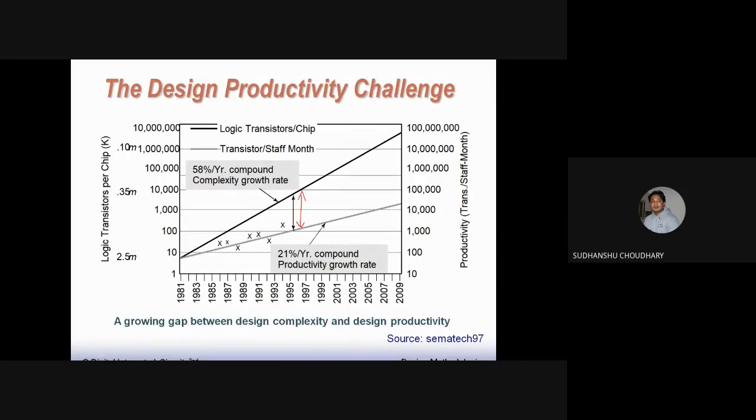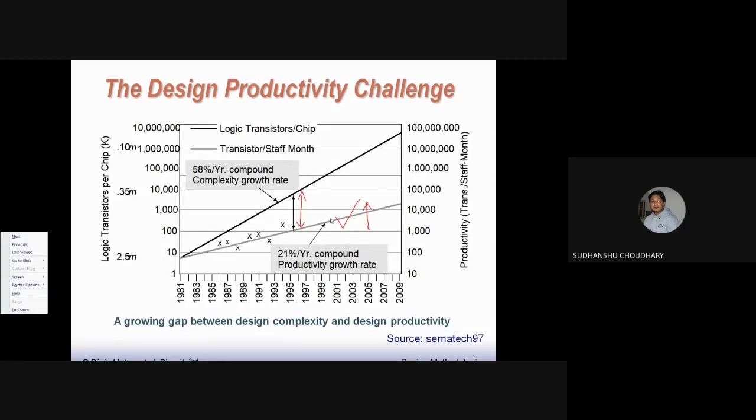Now this gap can be reduced if the skilled manpower is increased. So if this can go up, this gap can come down, right? But yes, one cannot say that some company is making a microprocessor and it has, let's say, 1,000 employees, and all those 1,000 employees should be engaged in just implementing a single circuit, right?